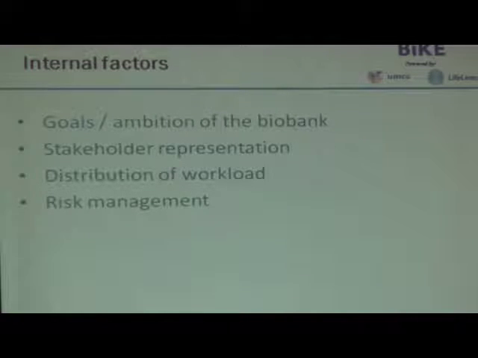They all have to be involved in some shape in this process. One of the benefits of having a proper governance is that you can distribute your workload a little bit. You ask some scientists if they want to participate in a board to evaluate proposals, and all of a sudden you don't have to do it yourself anymore, because they have opinions and they want to contribute. So it has some pluses.